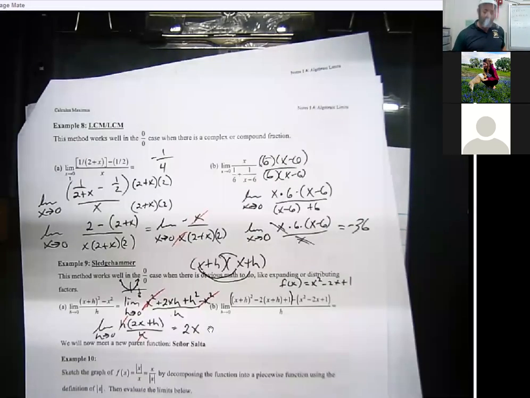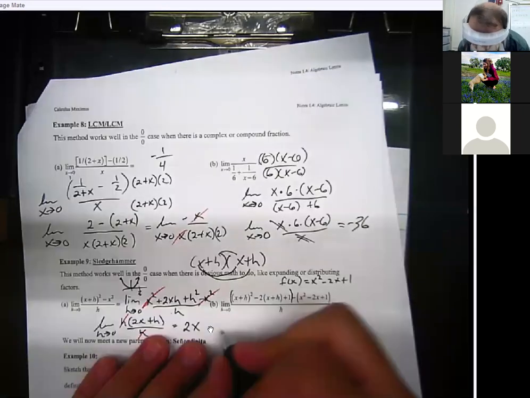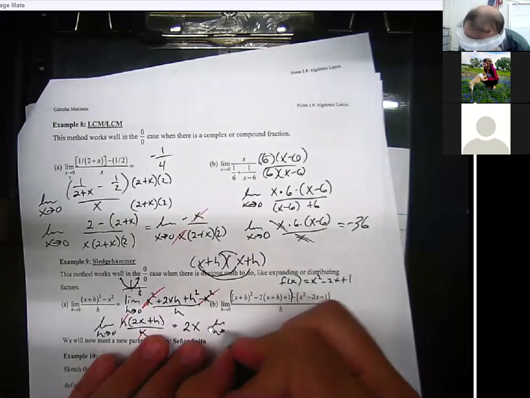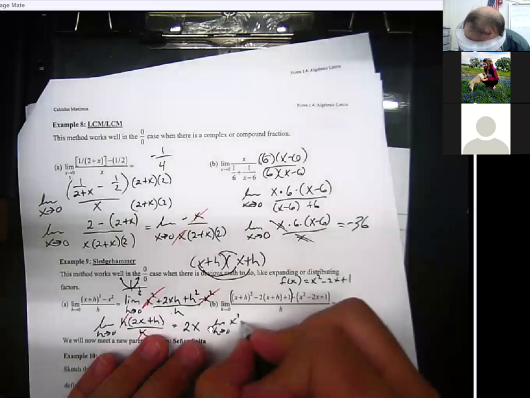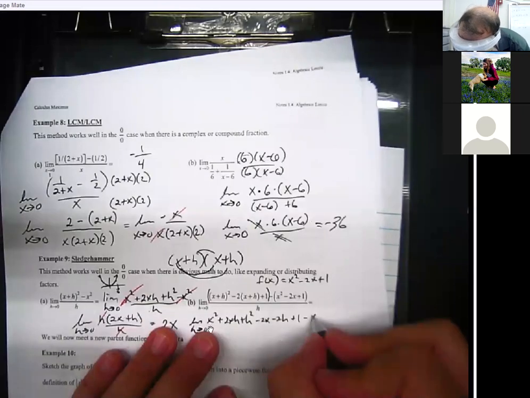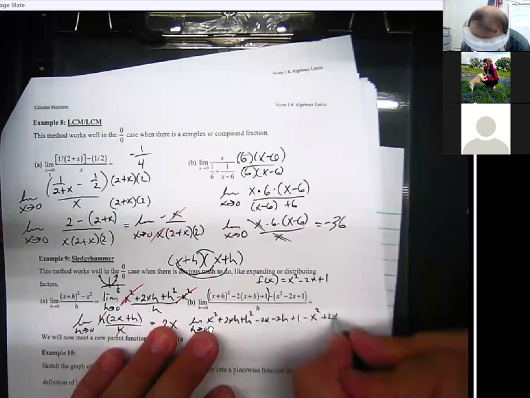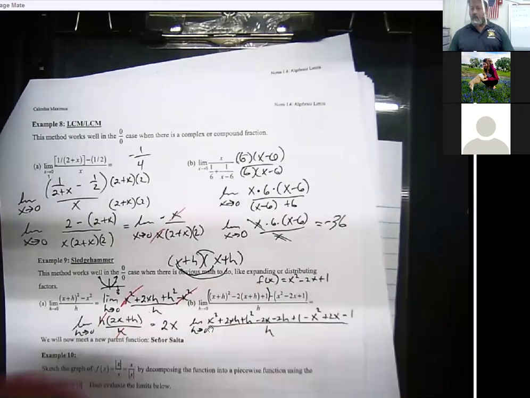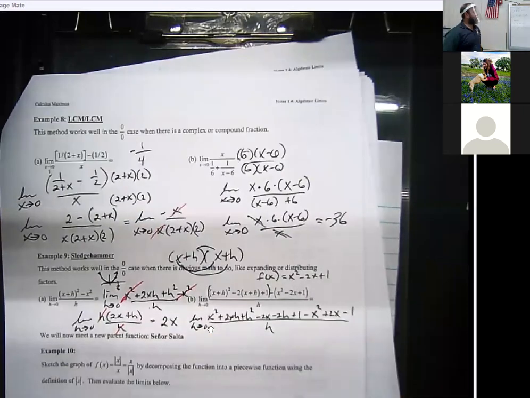But we'll do this one a week good. Oh, man. It's huge. Terrible. These suck, by the way. If you make a careless mistake, you're screwed.